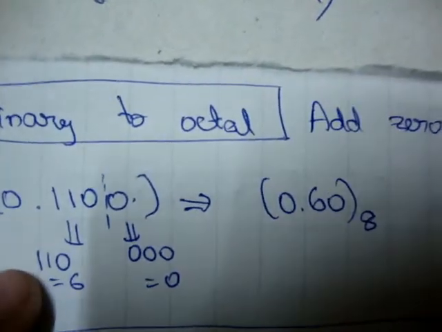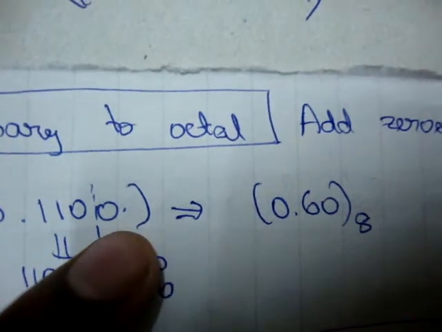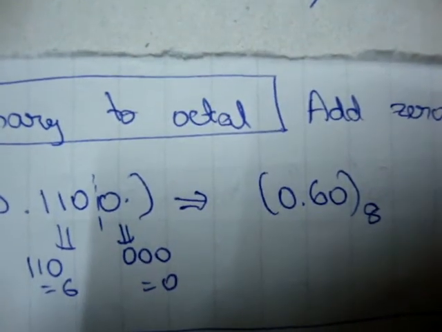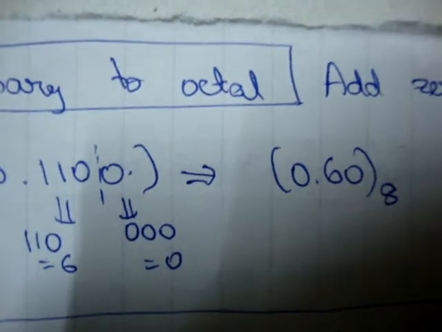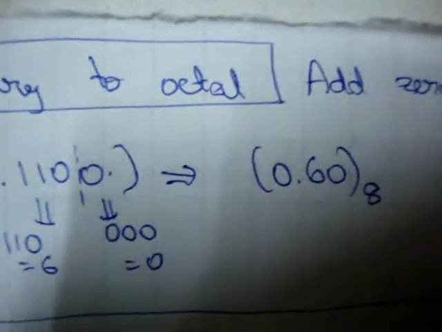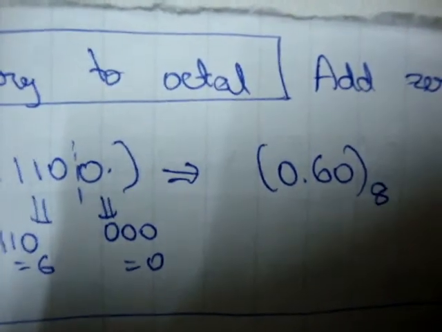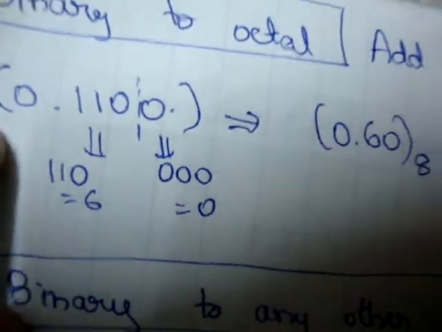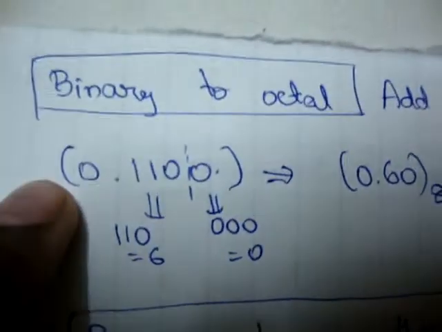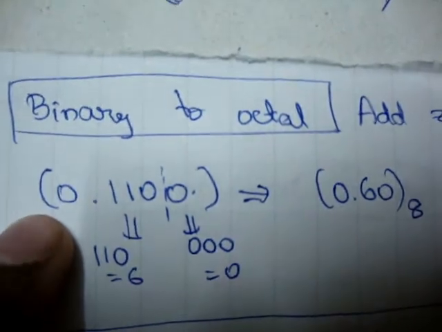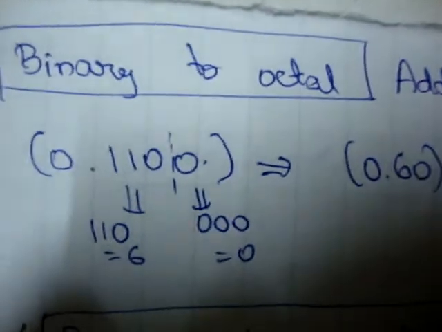Here 110 is taken as 6 and a 0 is left out. We have to split it into 3 bits each, but that is not possible, so I add 2 zeros from the right hand side, not the left. Please be careful, since adding from the left is for the integral part, while here we consider the fractional part.